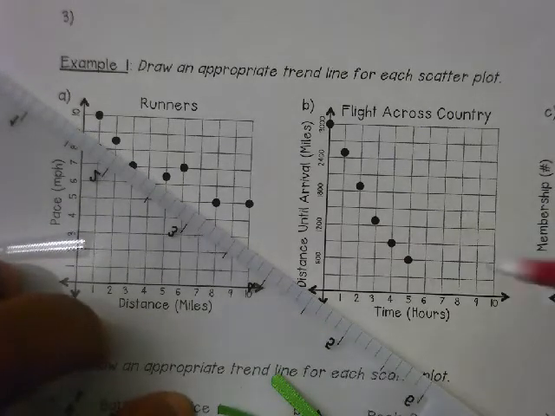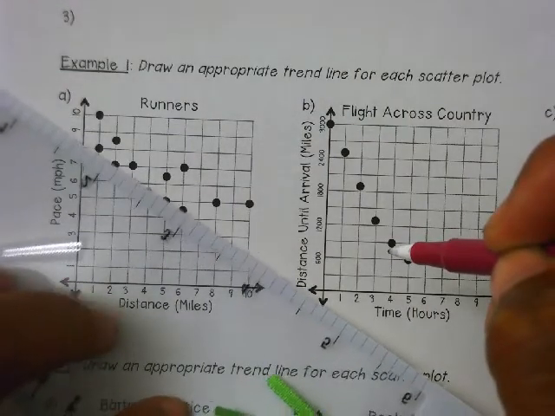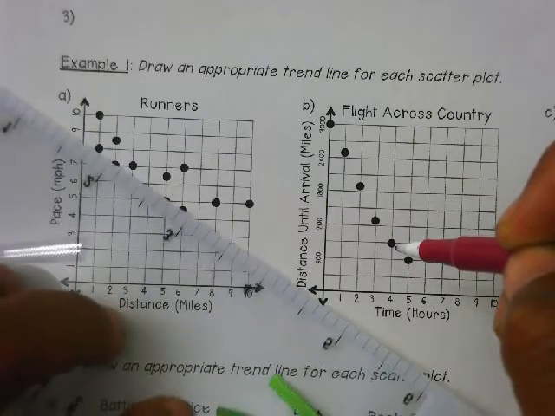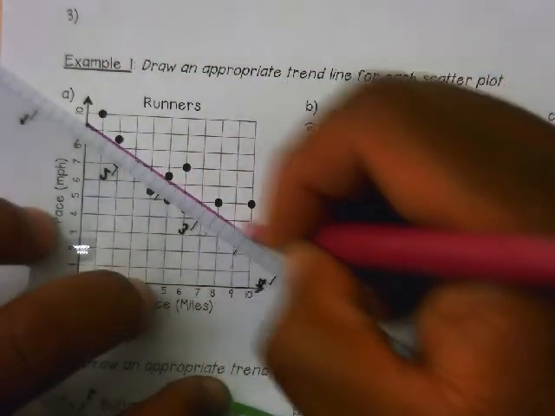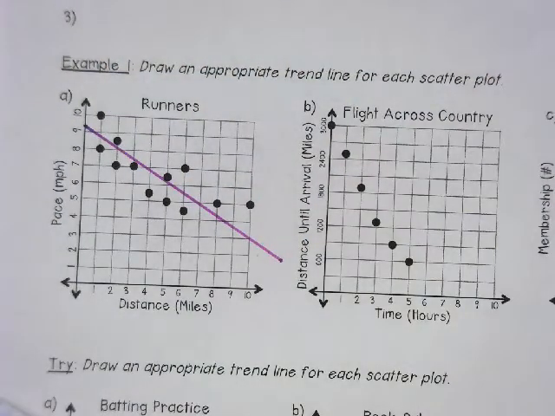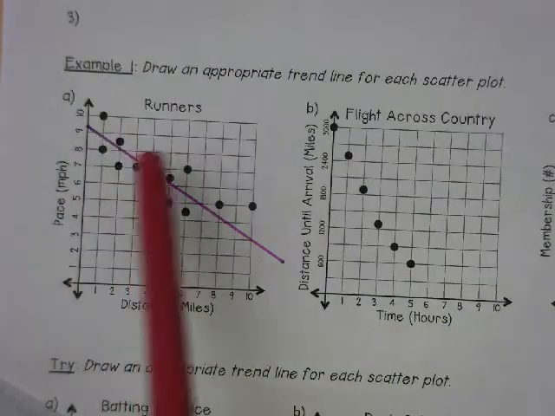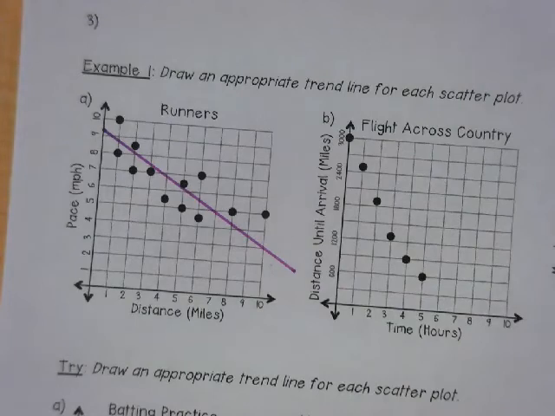Now, this won't always be perfect. But my line follows generally the slope of that data set. I have 6 above and 6 below. And so that's a pretty good trend line.